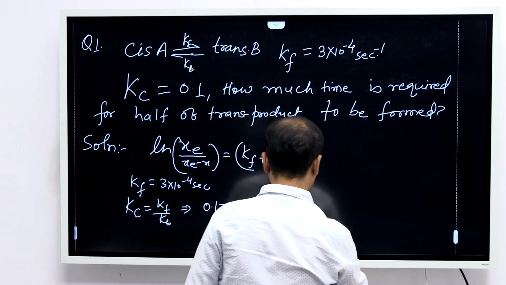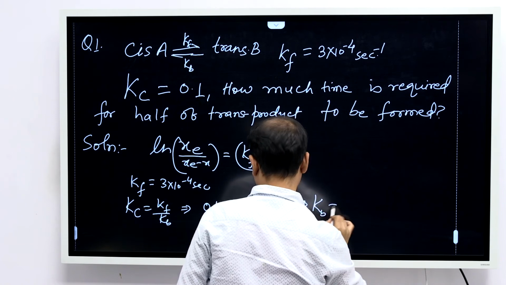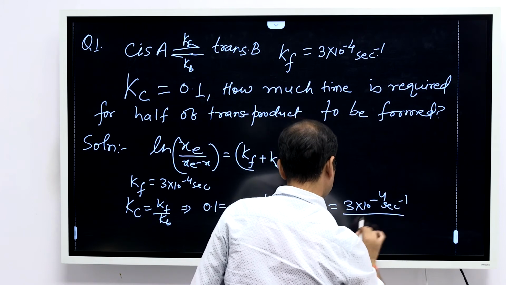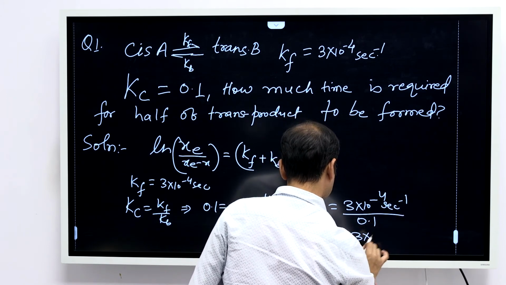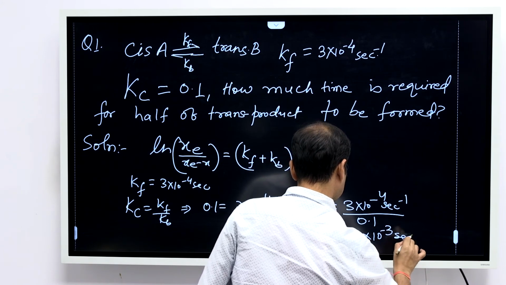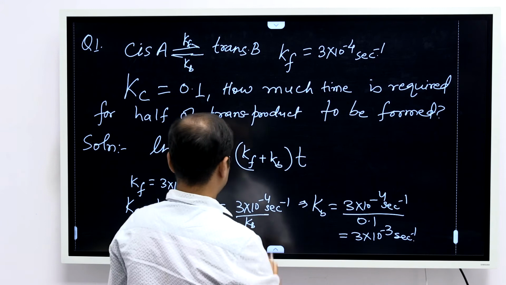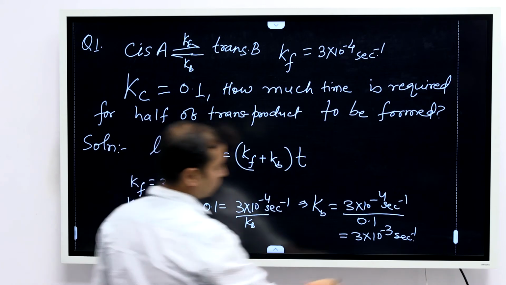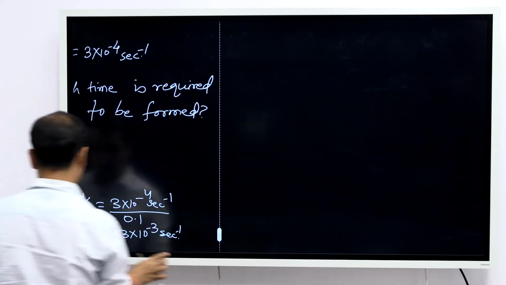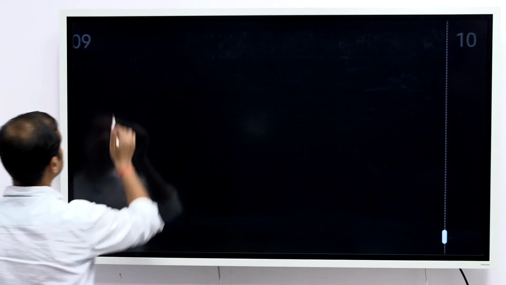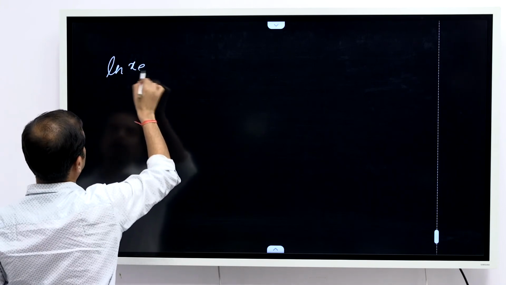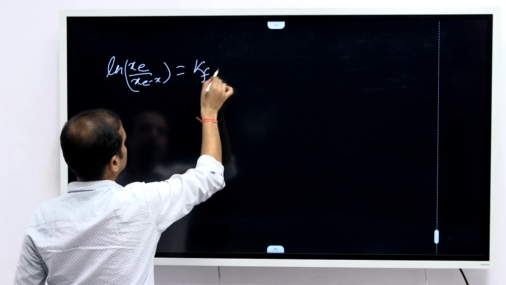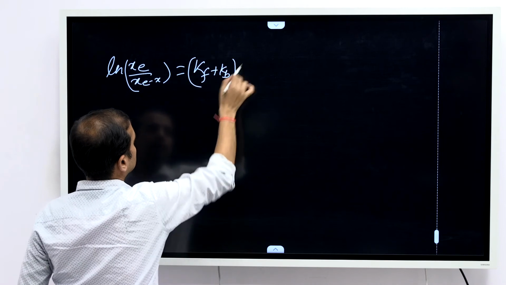So kb is equal to 3 into 10 to the power minus 4 second inverse divided by 0.1. So this is 3 into 10 to the power minus 3 second inverse. So we have kf, we have kb, and x is equal to xe by 2 we have to put. So now writing the equation ln xe upon (xe minus x) is equal to (kf plus kb) into t.